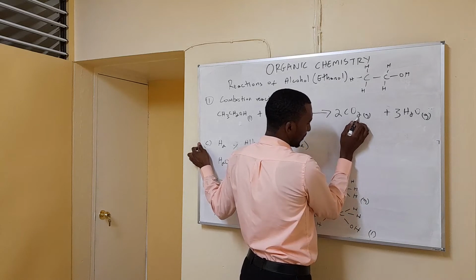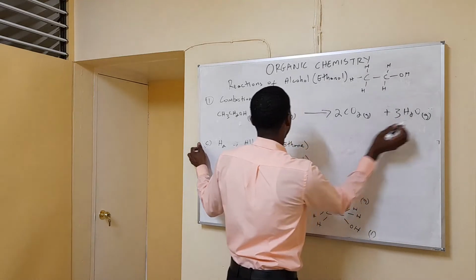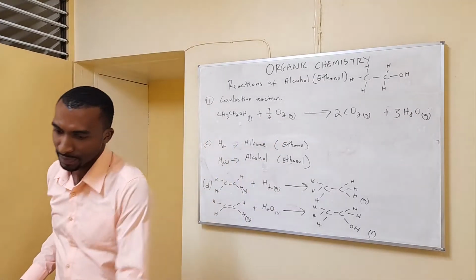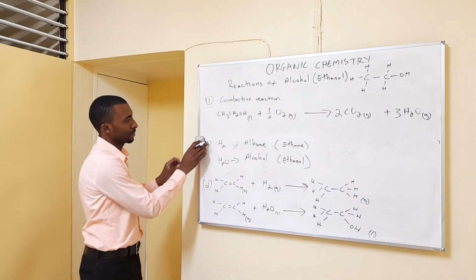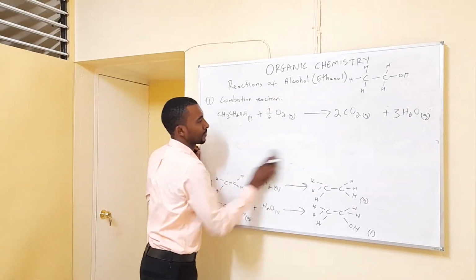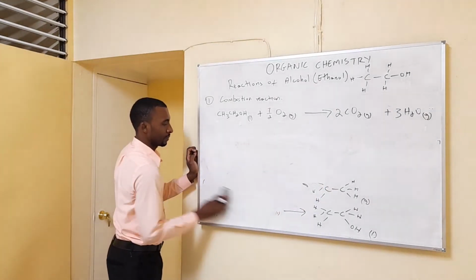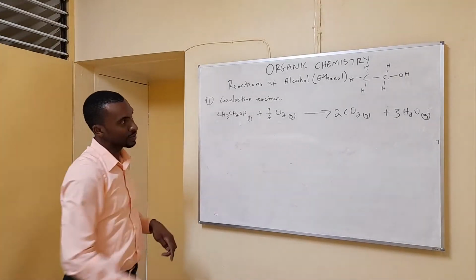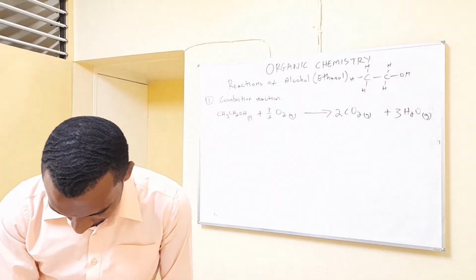This is 4, and 4 and 3 is 7, so we can just put 7 over 2. That's the first reaction of ethanol, okay?